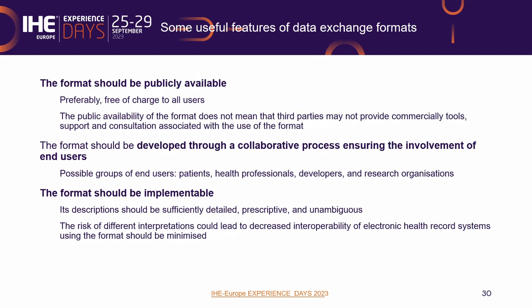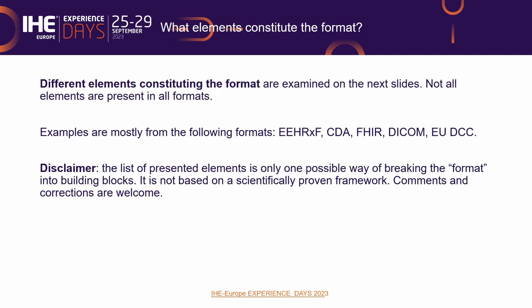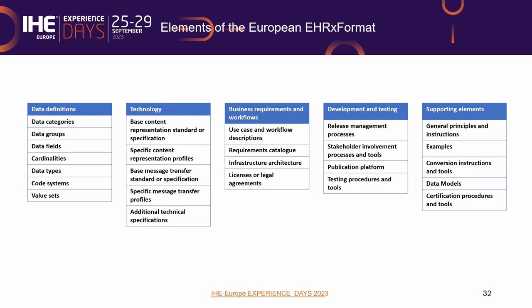Inside of this format, we need to consider also some elements that you will choose depending on the service and on the perspective you would like to have to implement it. So the format can have different kinds of categories, and all these can be represented inside of the electronic health record exchange format.